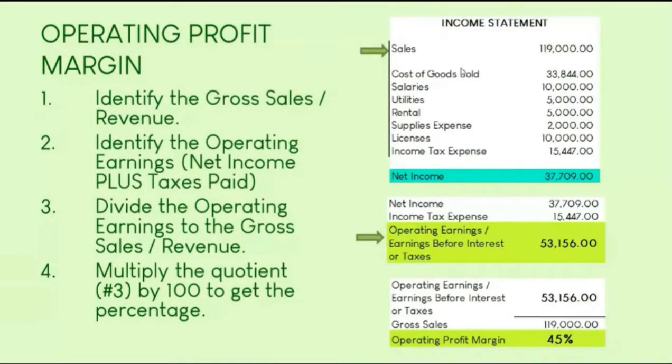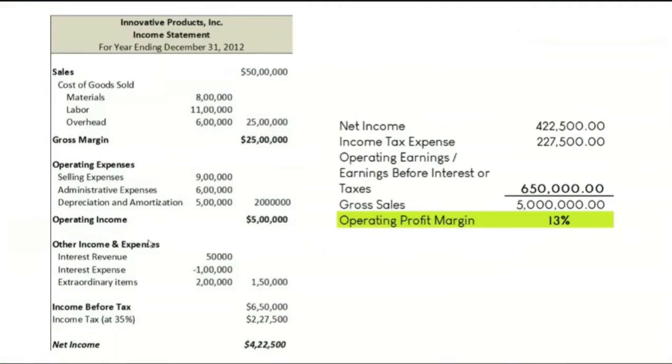Okay, so try solving for this income statement. Net income, Ms. Libunao is correct. 13% is our operating profit margin. So we identify the net income, which is 422,500, and then since this net income has an income tax factored into it, which is 227,500, we need to reverse that value.